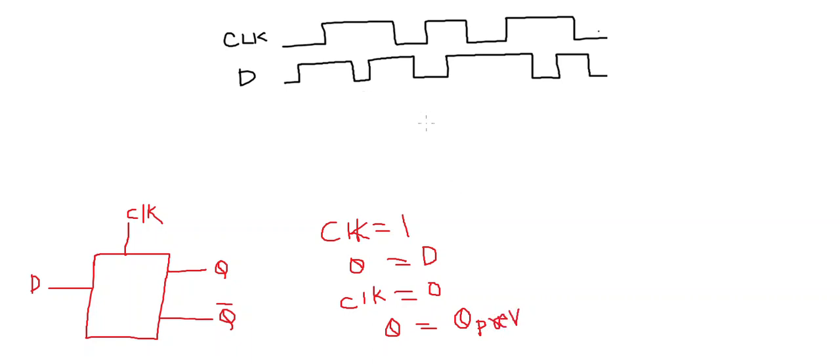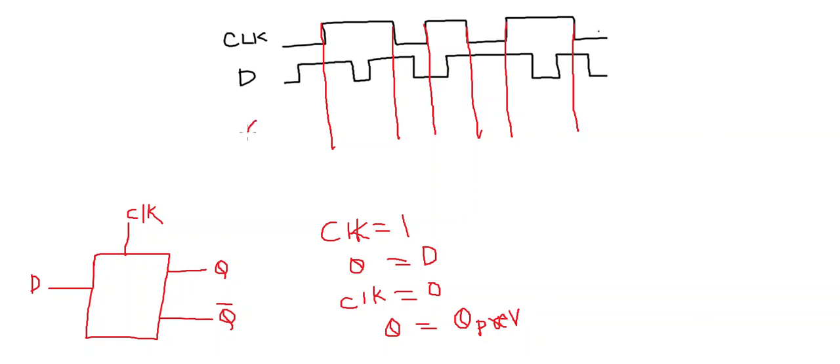Let's understand this concept through the waveform. As you can see the clock, this is zero level, this is 1, this is 0, this is 1. So I will just look at level 1 or logic 1. This is my logic 1, this is my logic 1, this is my logic 1.